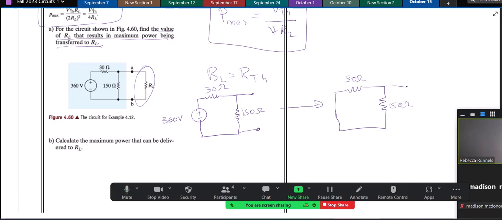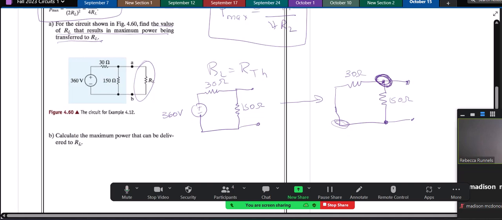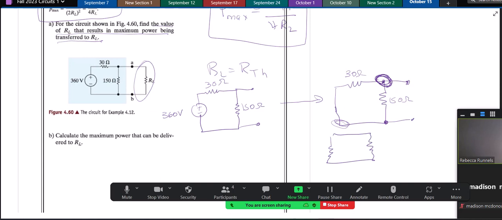But when I put in where my load is going to be, I can see from the point of view of my load, they're in parallel. They're in parallel because their ends are connected on this side and their ends are connected on the other side. They have the same voltage across them, if there was any voltage applied. So these two, from the point of view of our load, are in parallel.